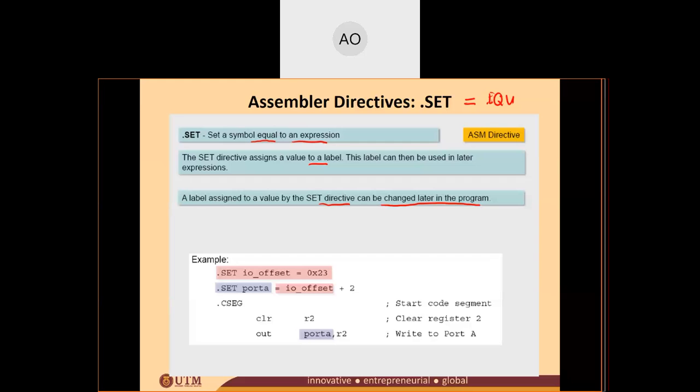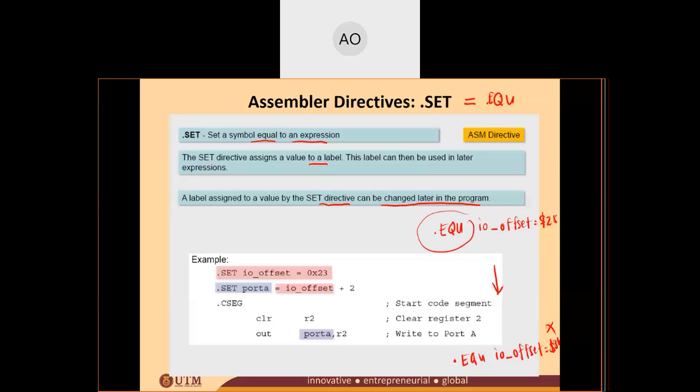Compared to .equ, for example, if you say .equ IO_OFFSET = 25, later if you try to change .equ IO_OFFSET to 30, you cannot do that, because for .equ you cannot change it later in the program.